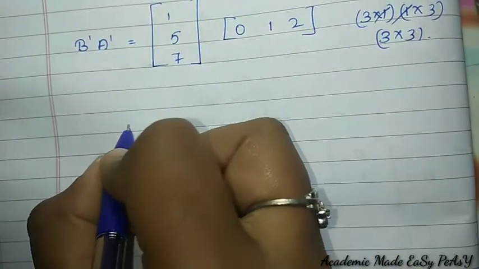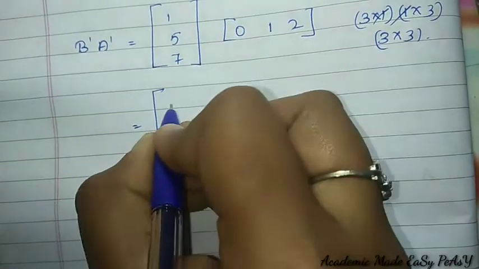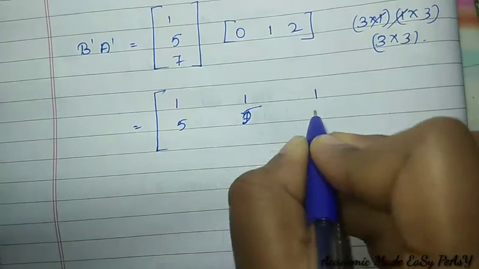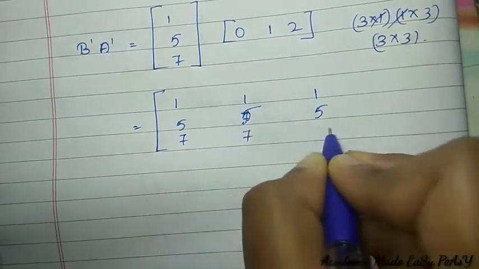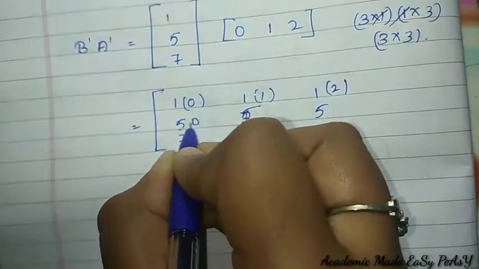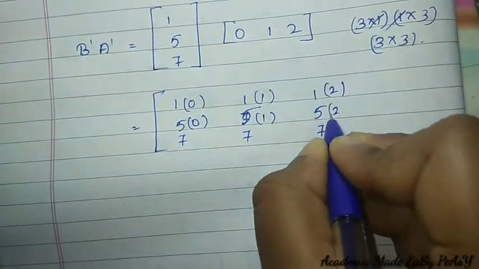So now 1, 1, 1, 5, 5, 5, 7, 7, 7. So now I will be multiplying it. Since I already taught you, I'm just doing it very fast.